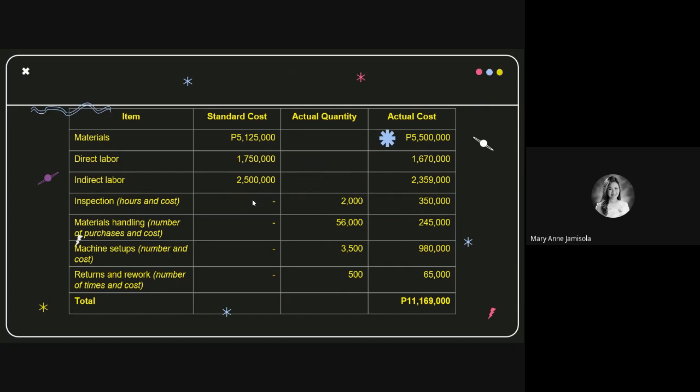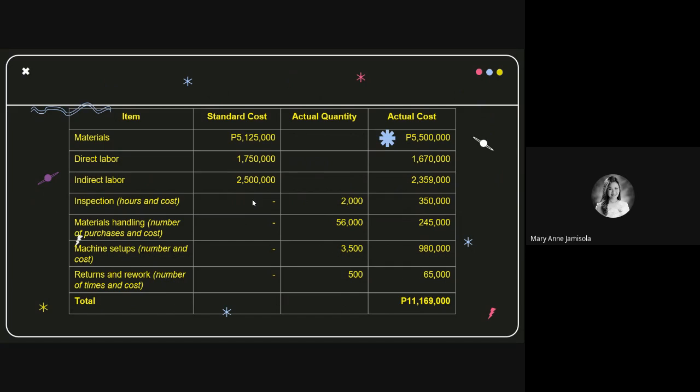So how much should be the target cost for each unit? So determined price, 450 minus our desired profit, which is 63.24. Therefore, our target cost is 386 pesos and 76 centavos. What does this mean?